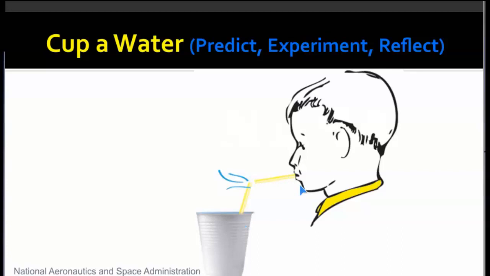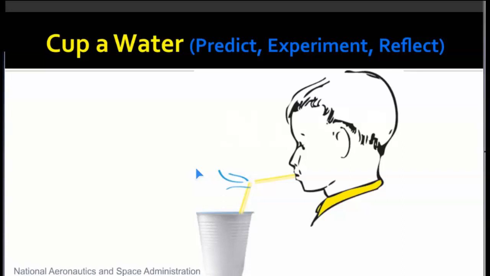And depending on how wet you want the kids to be, what happens is as you blow over the top of the straw, you decrease the pressure, and that causes the water to rise up in the straw. If you get the water to rise up high enough, you can actually blow the water out on the person sitting across from you. I love this activity. You can also hear the difference in the pitch as the water height changes. You can tell a difference based upon the length of the water column that's there.